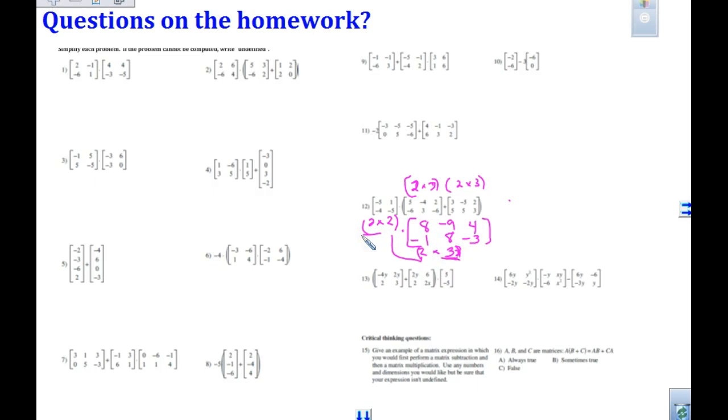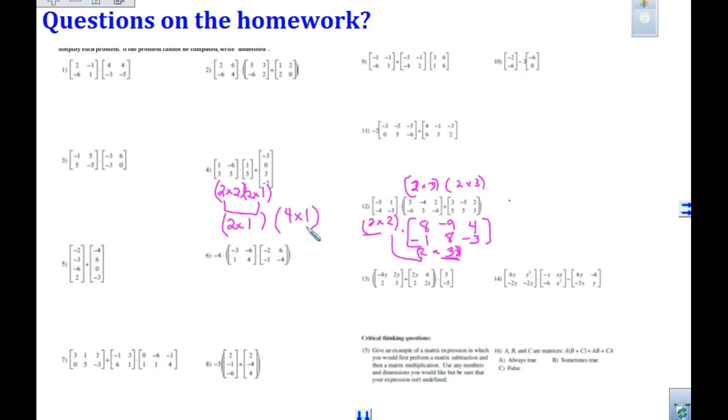and it's possible that one of them wasn't, just like number 4 was impossible, right? You could do this multiplication, 2 by 2 times 2 by 1. That's going to be possible. But my answer is a 2 by 1 matrix, and this was a 4 by 1. And you can't add a 2 by 1 and a 4 by 1, right?